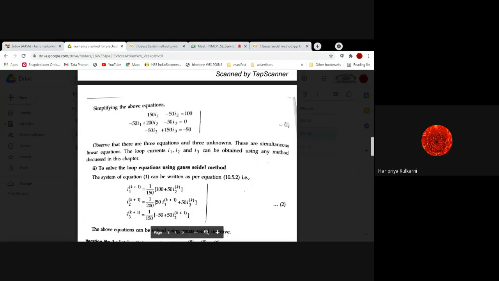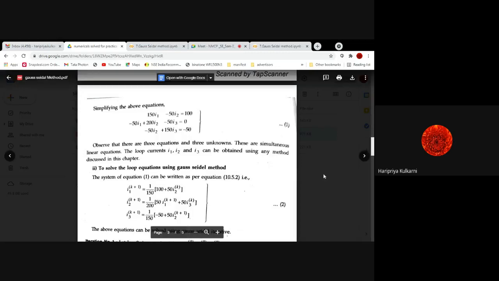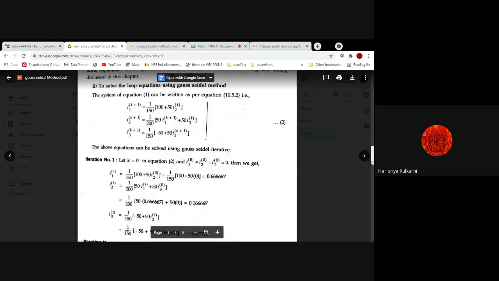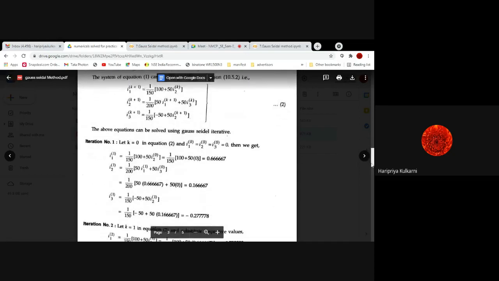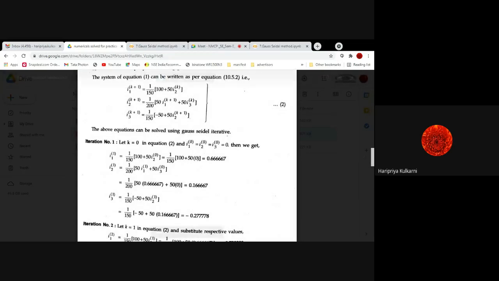Now at iteration number 1, we will put I2 equal to 0 and find the value of I1. If I2 equals 0, then it will be 100 upon 150. So let us start with iteration number 1. We assume I1, I2, I3 at k equal to 0 as 0. So it is 1 upon 150 times 100 plus I2, which we put as 0.